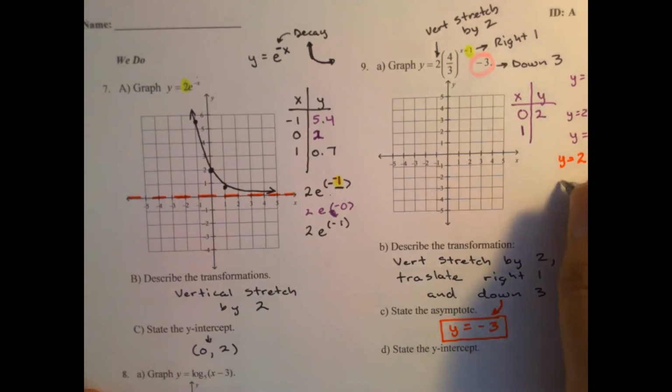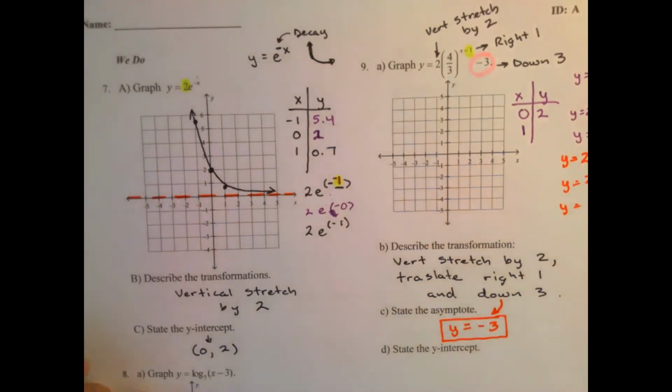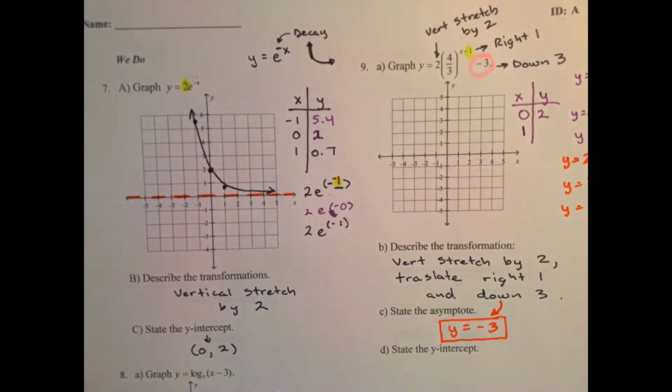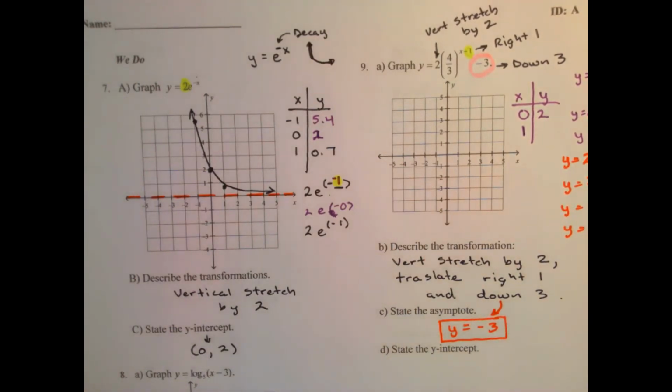Well, the power of 1 doesn't do anything. It's just 2 times 4/3, which in this case would be 8/3. Now, 8/3 is kind of tough to draw, but that's why with a calculator, we would understand that the y is about 2.6 or 2.7 is what we're looking at here. And so here are my 2 points.